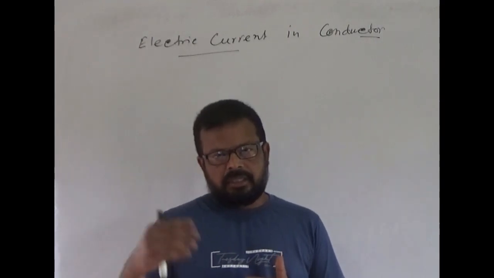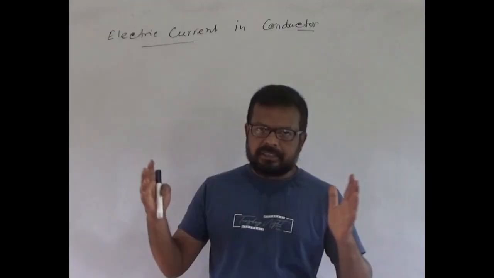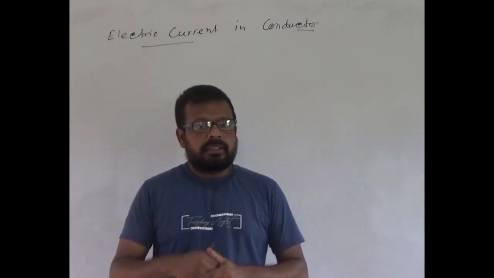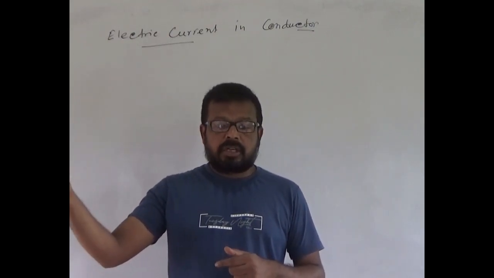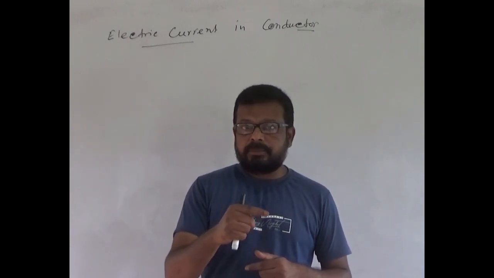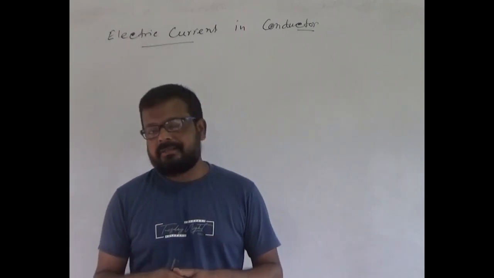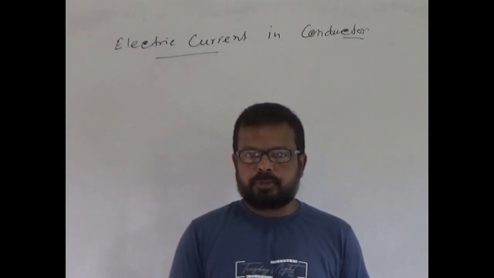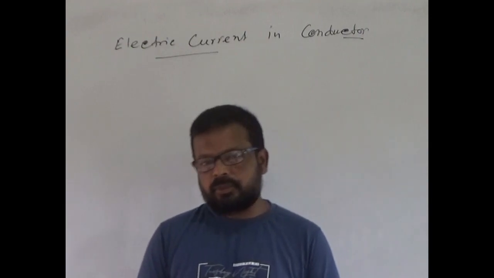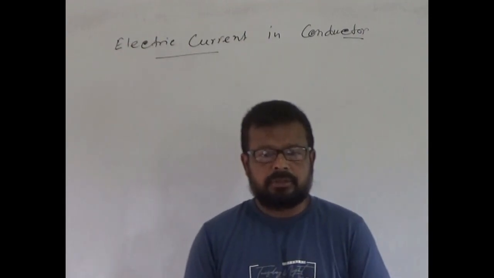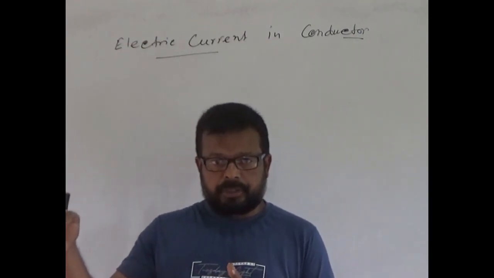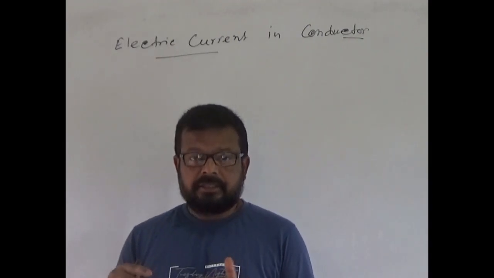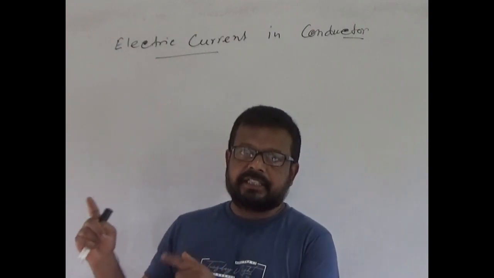Now if we consider the outer orbits, the distance between the electrons in the outer orbit and the positively charged nucleus increases, and we know the electrostatic Coulomb force is inversely proportional to the square of the distance between the charges. Therefore, in the outer orbit, the charge is less and the distance is greater.